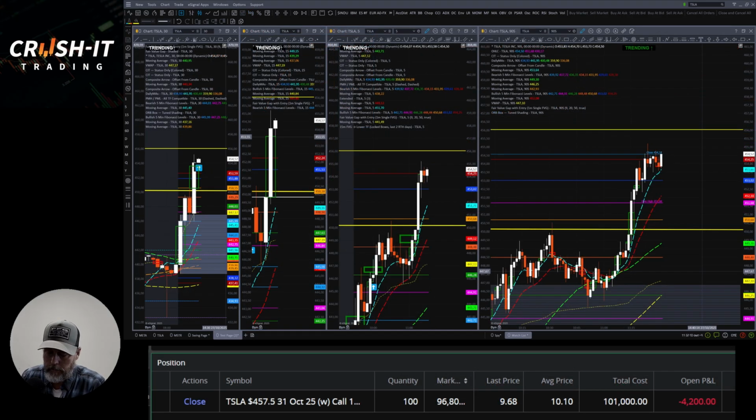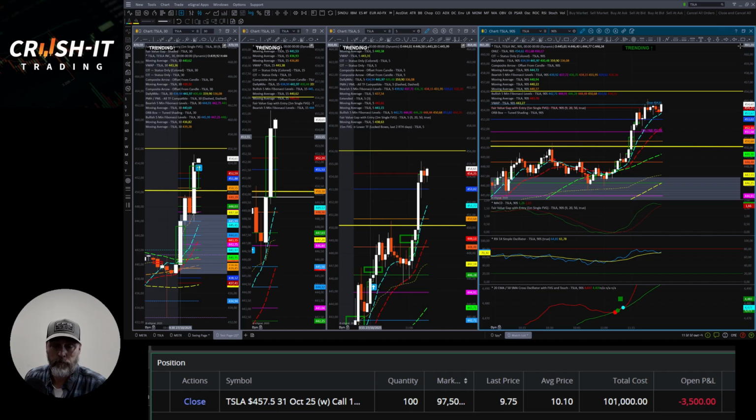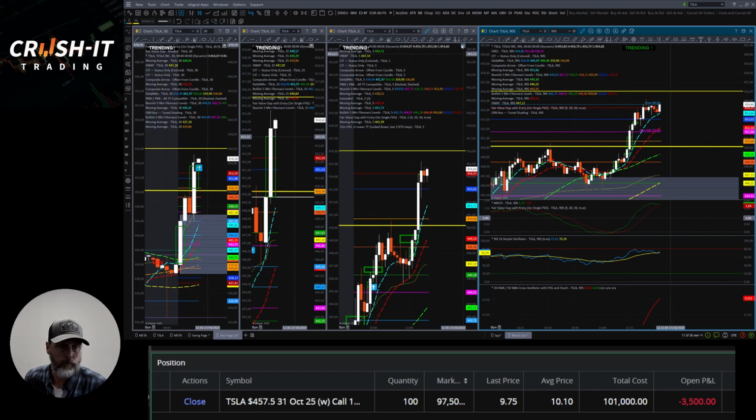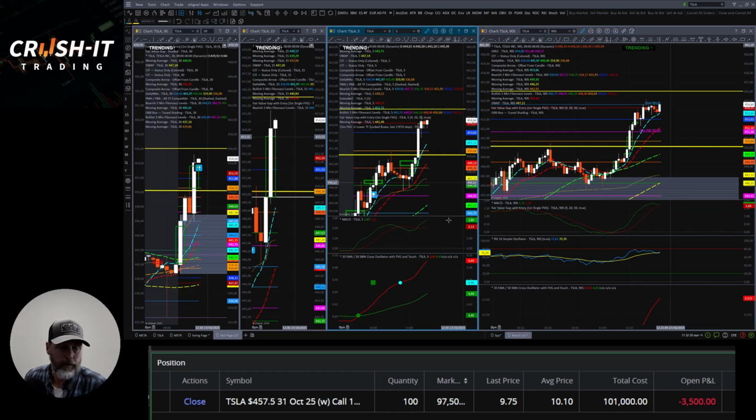All right, let's see what Tesla's going to do here. See if it wants to make that run. See if we can get in and out really quick. Just patiently wait for it here. May or may not deliver the opportunity, but looks decent.